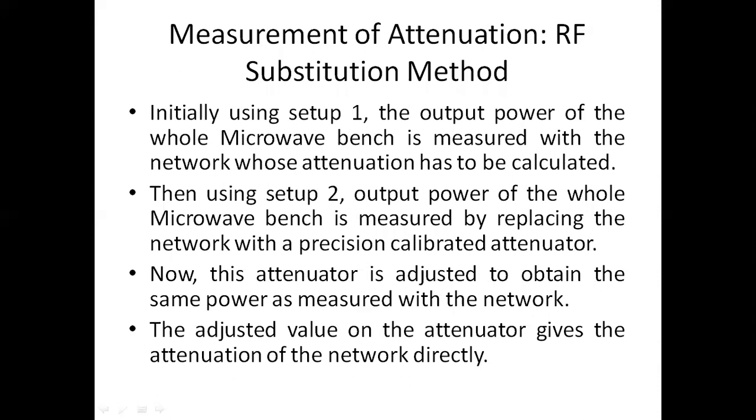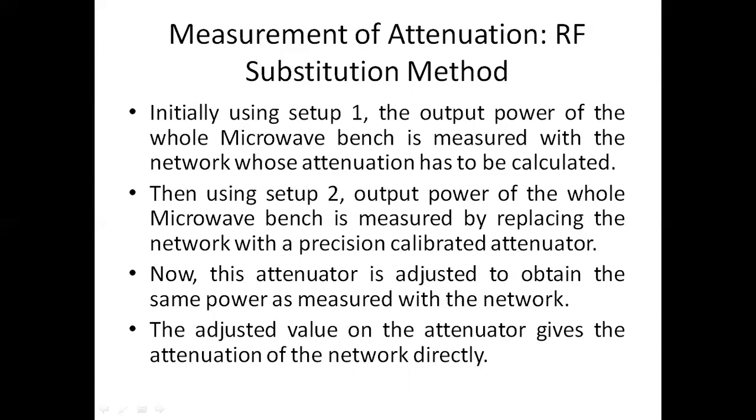First, using setup 1, the output power of the whole microwave bench is measured with the network whose attenuation is to be calculated. Then using setup 2, the output power of the whole microwave bench is measured by replacing the network with the precision calibrated attenuator.